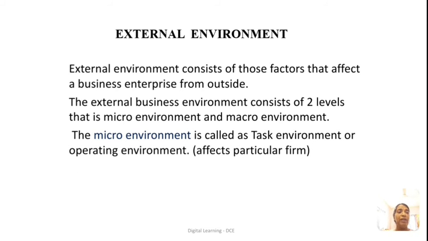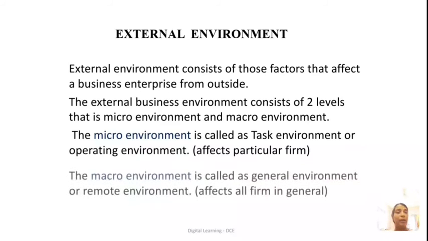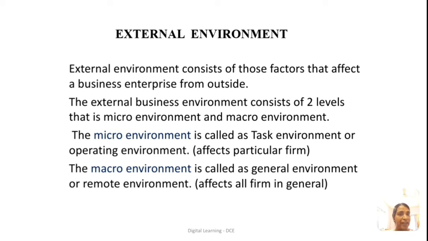So micro environment is the immediate environment or intimate environment. It is called task environment or operating environment, where it affects a particular firm. Macro environment is called general environment or remote environment, where it affects all the firms in general.